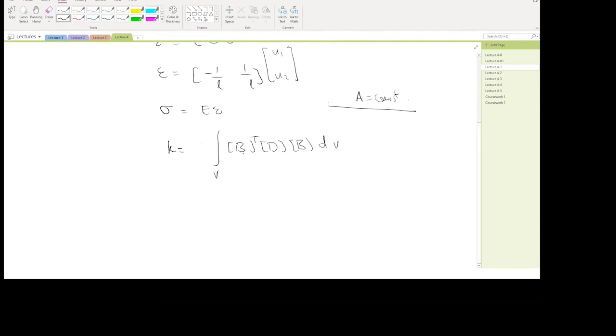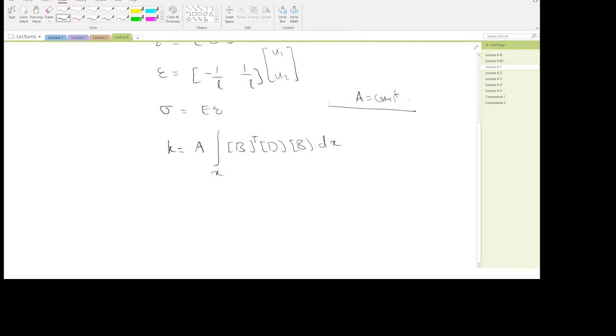And then in this case, we can change the integral over the volume to an integral over the length, dx, and we just multiply by the cross-section.